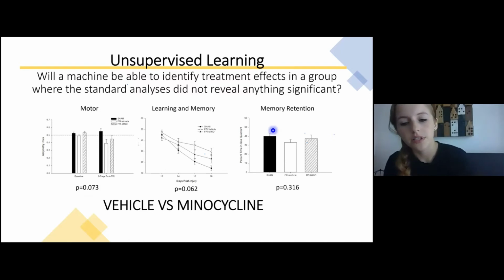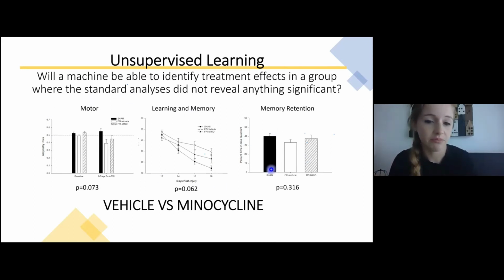Now, our first somewhat exploratory question became, can a machine discover novel insights from data that were previously deemed insignificant? I have a couple of metrics pictured here, but it was true across the board that nothing in the minocycline data was reaching statistical significance.